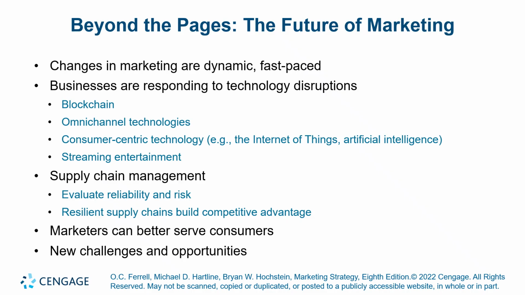Omni-channel technology, which we talked about just a minute ago, and consumer-centric technologies like the Internet of Things and artificial intelligence, AI. Streaming entertainment, online streaming videos. That's how businesses are responding to disruptions in technology.